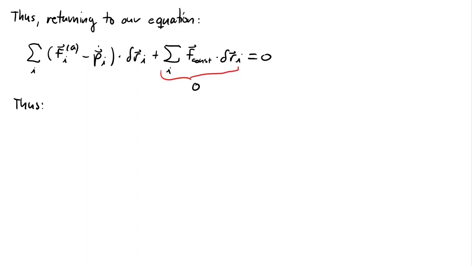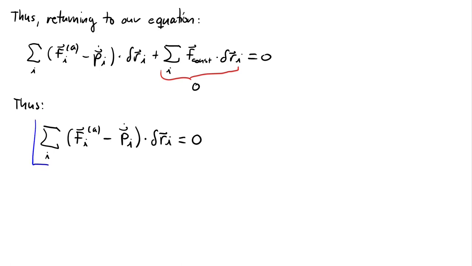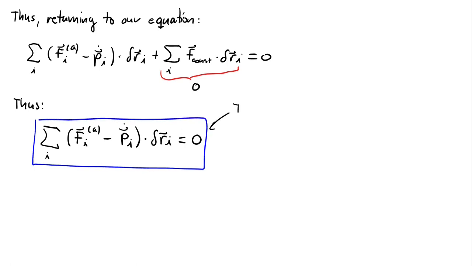Thus, we get to the result known as D'Alembert's principle. It is from this principle that we will get Lagrange's equations.